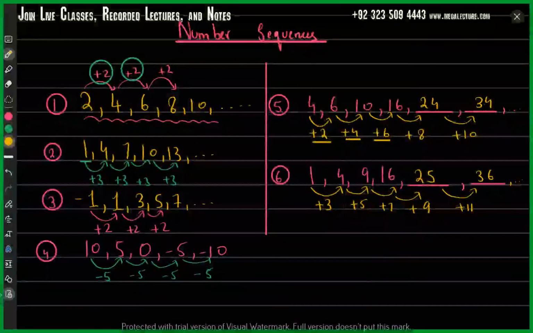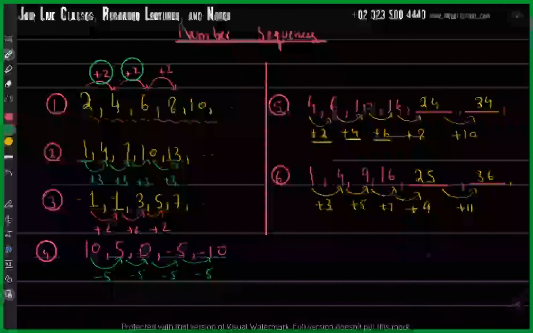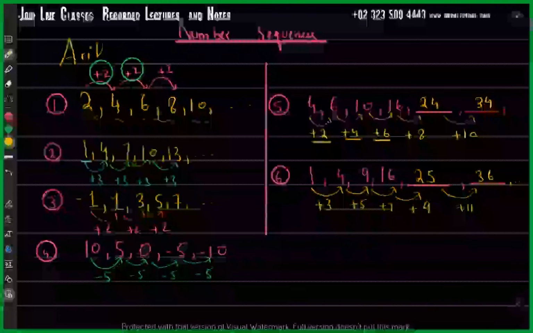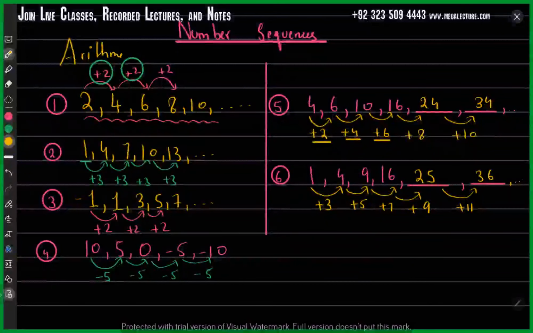You were able to see that we have two different types, and we have two different names for this. The first one is basically called the arithmetic sequence.